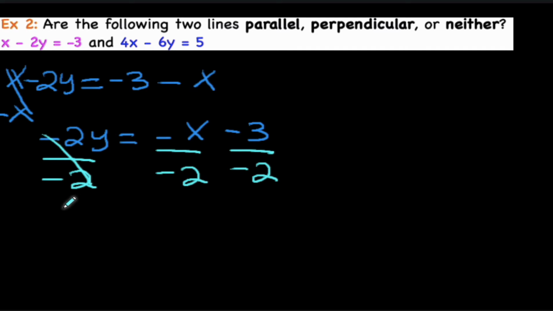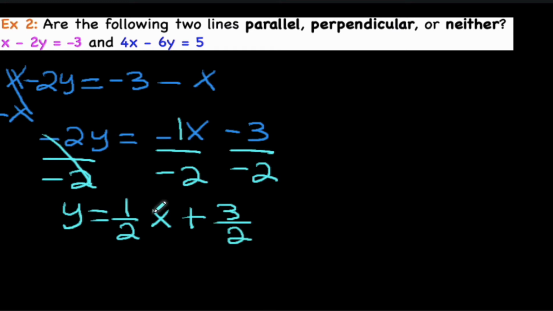Okay, so we have y is equal to, and if this confuses you, you can place a 1 right there, but this is 1/2 x plus 3/2. Okay, so far we have our first slope, which is 1/2. And let's go ahead and turn this into slope intercept form as well.